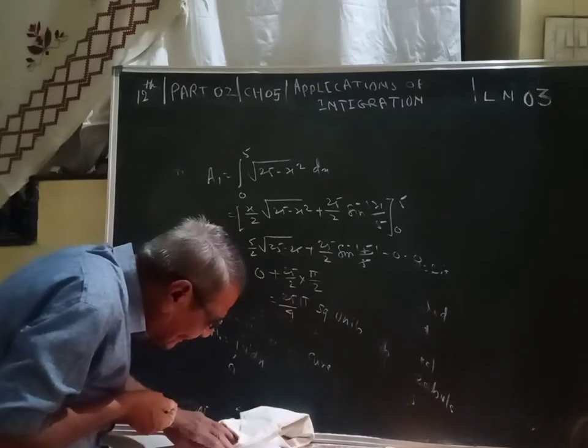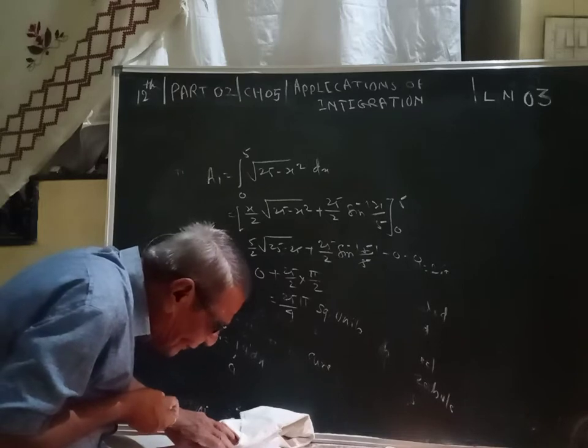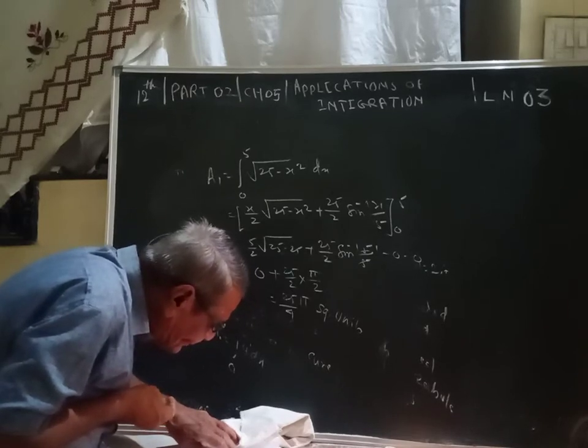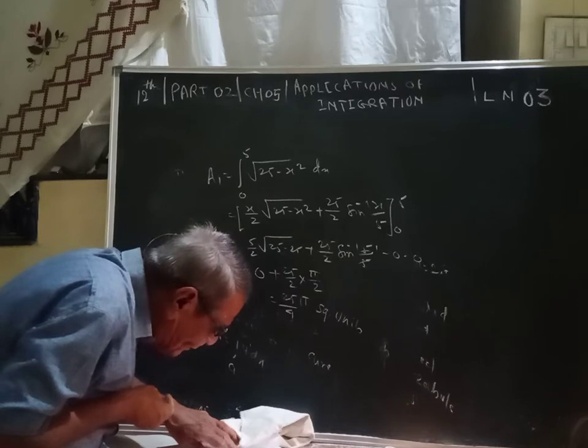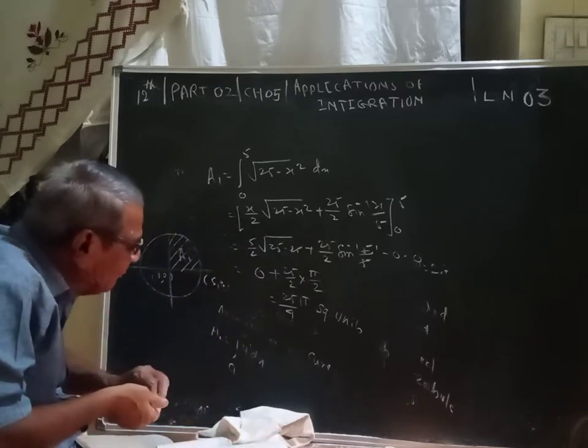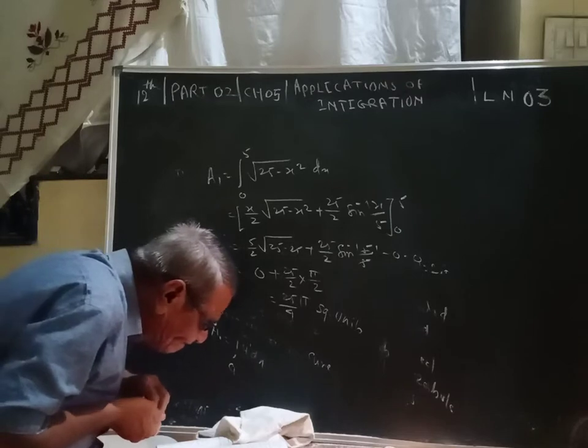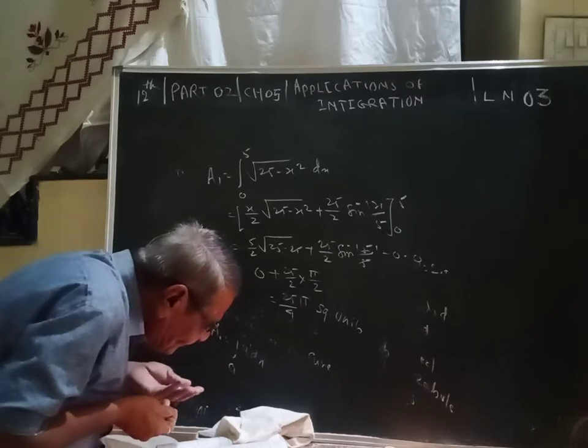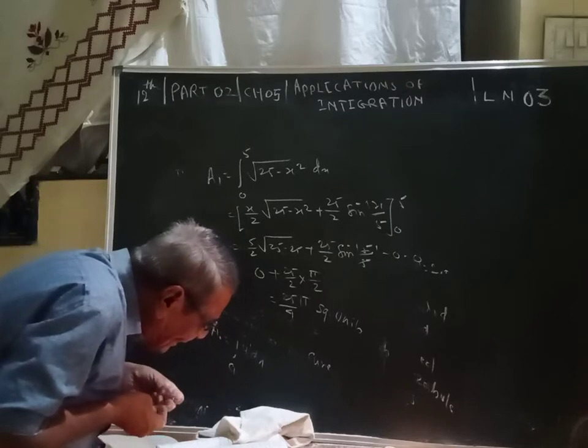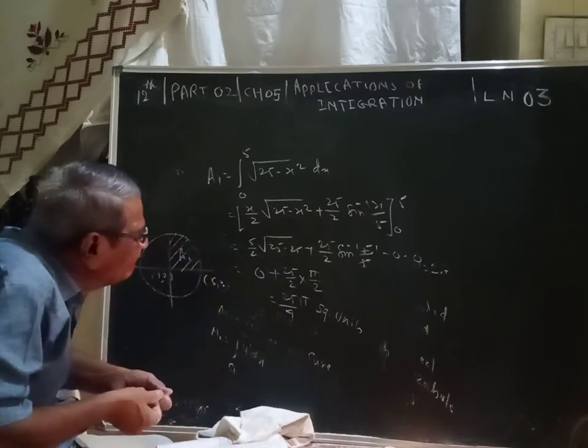So what is the answer? Which answer is correct? 25 pi by 4. The option given as 25 pi by 3 cannot be right.